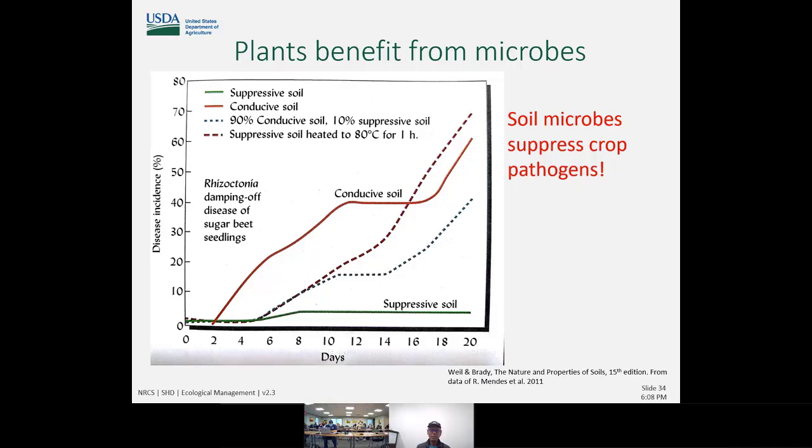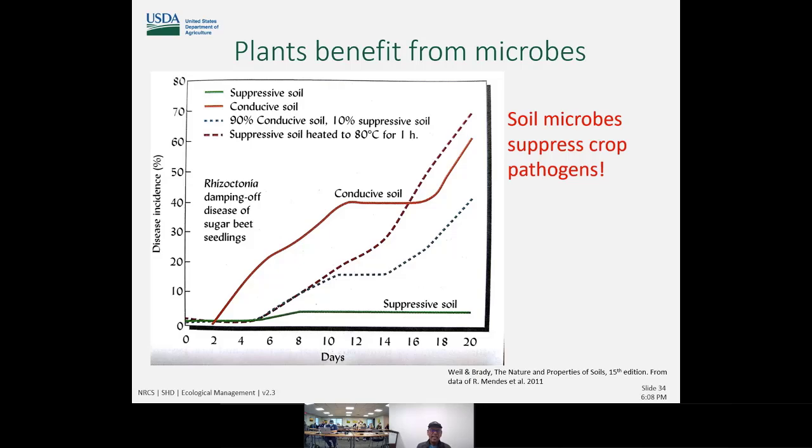You probably know what suppressive soil and conducive soil are. The conducive soil is what you get once people start fumigating or somehow try to remove all the biology from the soil. What happens is that the soil becomes more prone to pathogens. But if you keep the soil with the biology, the ecology of all the soil habitats, there are good bacteria and fungi, and pathogenic bacteria and fungi.